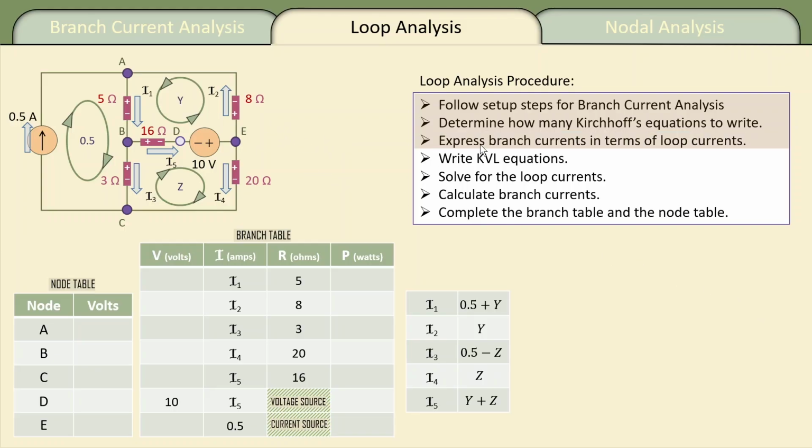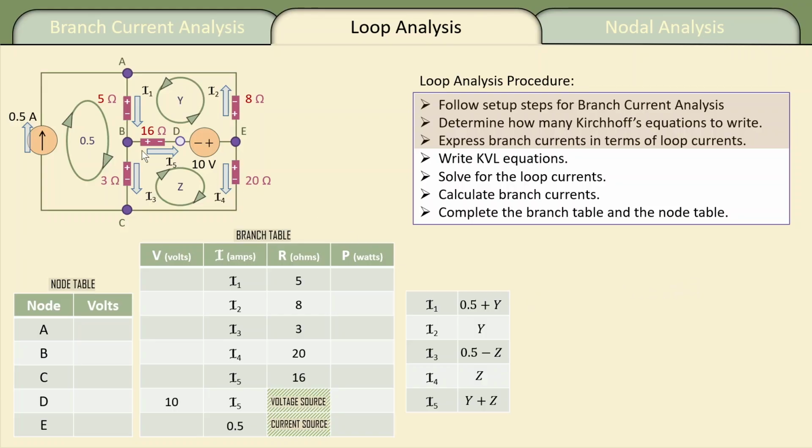Next is to express branch currents in terms of loop currents. And so you can see, for example, my half amp loop, which was called X previously. Of course, it made sense to go clockwise because the half amp comes up on the left and then down from A, B, C to complete that loop. But for Y and Z, I just chose one clockwise, one counterclockwise.